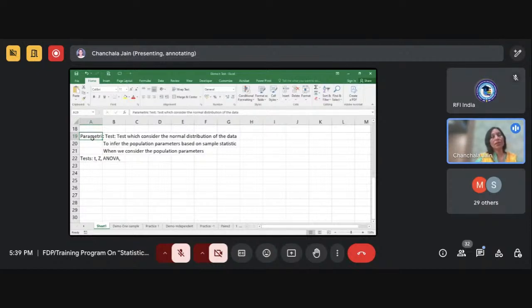Or when we are considering the population parameters, we are talking about parametric tests. Some of the parametric tests I have written here as T, Z, ANOVA, regression, etc. can be part of this parametric test category.